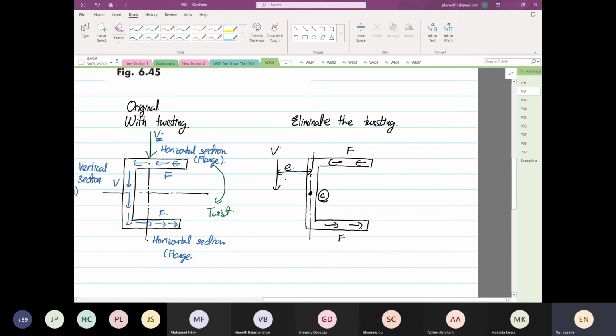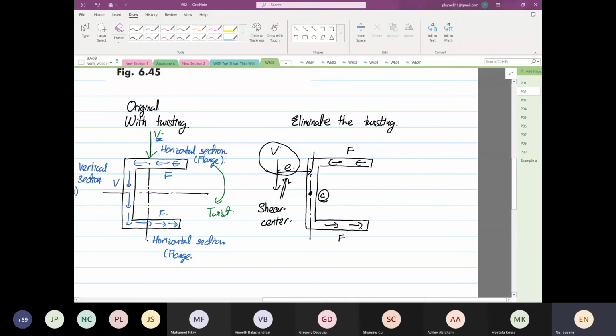The E over here is what we call our shear center. So it is this V multiplied by E.